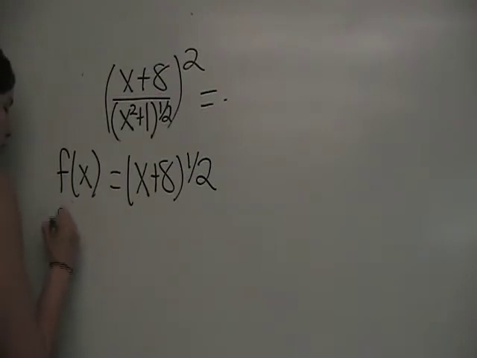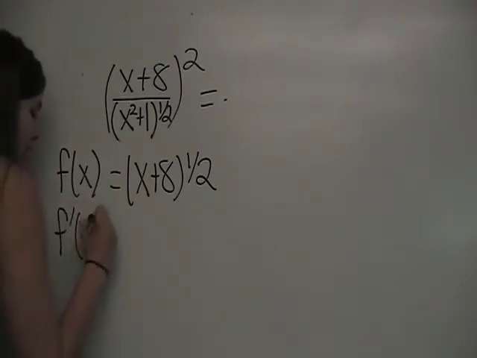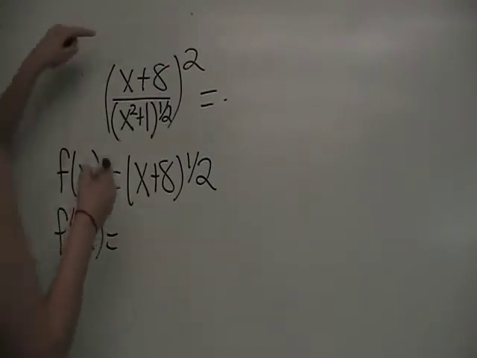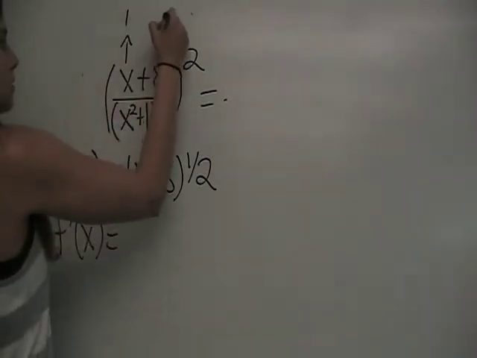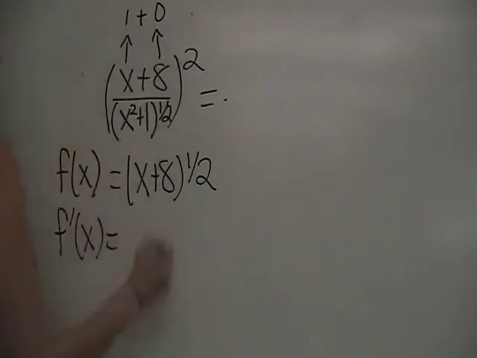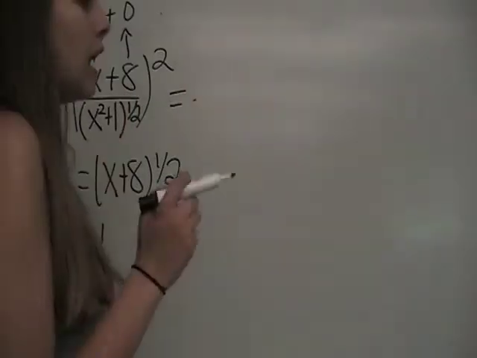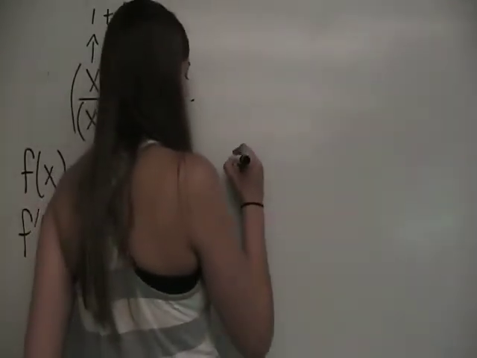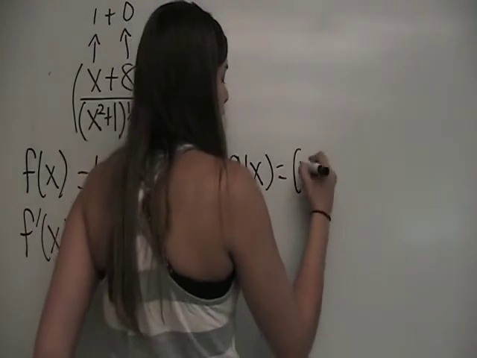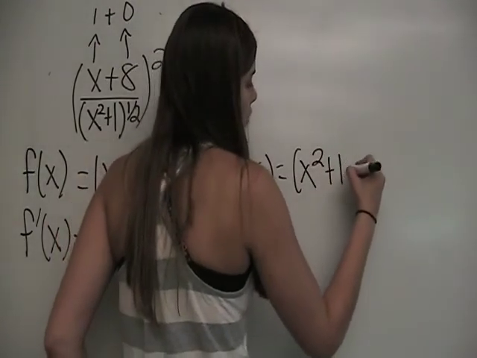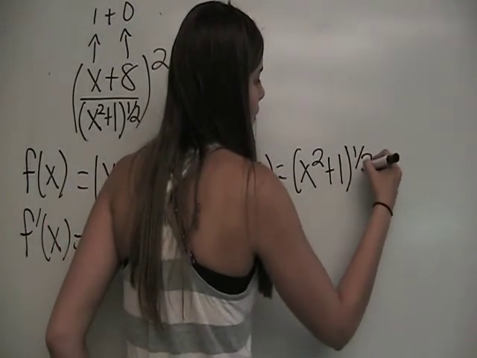And if we were to take the derivative of f of x, this x would be 1, and this 8 would be 0, ultimately leaving 1 plus 0, which is just 1. Now we're going to find g of x, which is just x squared plus 1 to the 1/2.